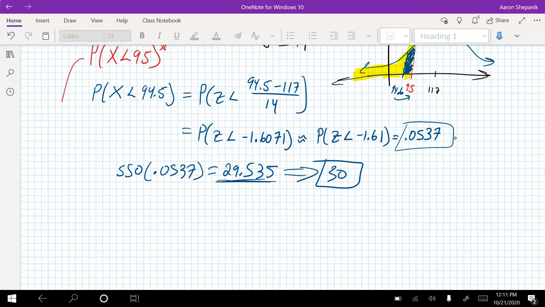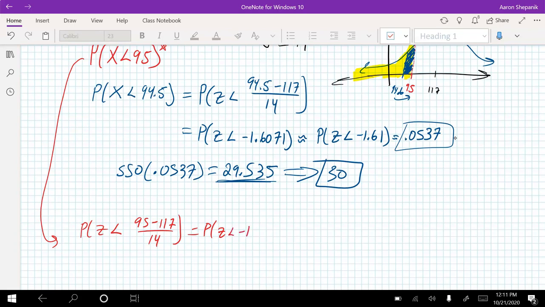So if we did this, we would be looking at the probability then. Let's convert this to our standard normal question. That would be 95 minus 117 over 14. And 95 minus 117 divided by 14 is negative 1.571.